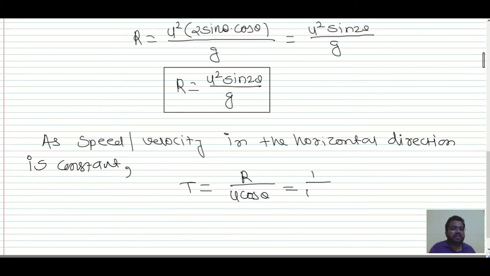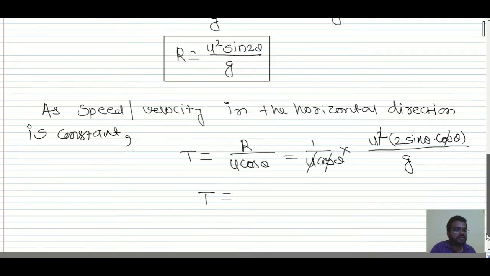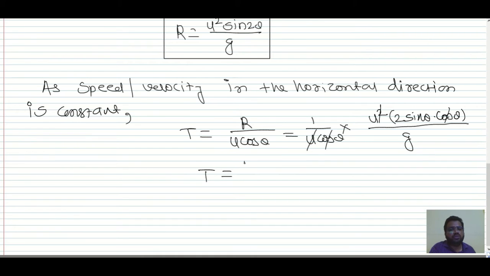So 1 divided by u cos theta into the range. Just now we found out, that is u squared 2 sin theta cos theta divided by g, isn't it? So this u cancels, this cos theta cancels, and we have the time of flight formula, and it is very simple. As you can see over here, this is 2u sin theta divided by g.